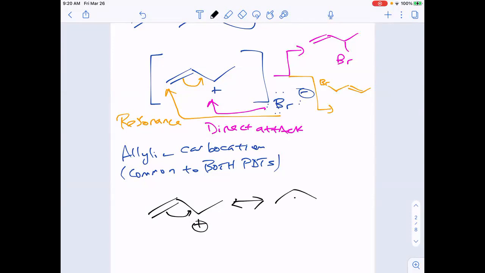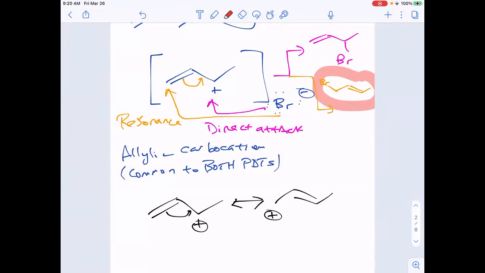So that would give me this, wouldn't it? With the plus charge on this carbon. Is that right? Yes, sir. Do you see that product up here? If I drew the resonance form and bromine attacked at that carbocation, that's the product that I would get. So that's the easy way to think about the second product: just take the allylic carbocation and draw the resonance form, and then you'll know where to put bromine. That's a fast and quick and dirty way to think about it.